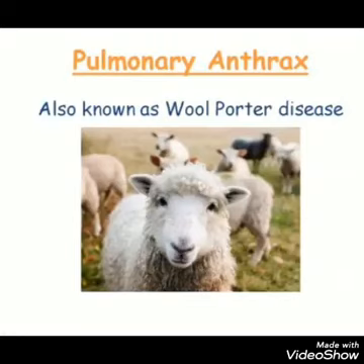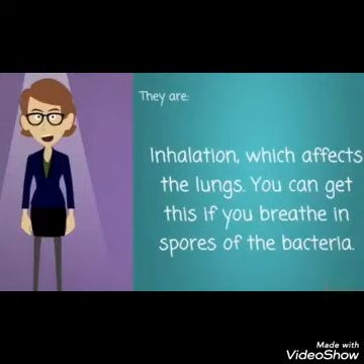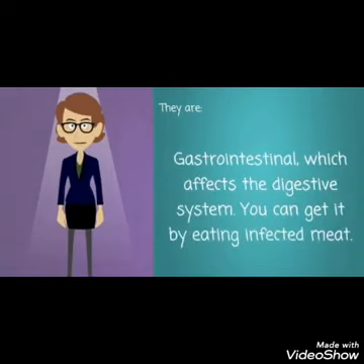The second one is pulmonary anthrax, also known as wool sorter disease, because people who work in industries where wool production is happening, where sweaters are made, develop respiratory problems on contact and get pulmonary anthrax. The infected bacteria invade the lung through inhalation, and after invading the lungs they proliferate and produce spores. The third one is gastrointestinal anthrax, which affects the digestive system and is caused by eating infected or contaminated meat.